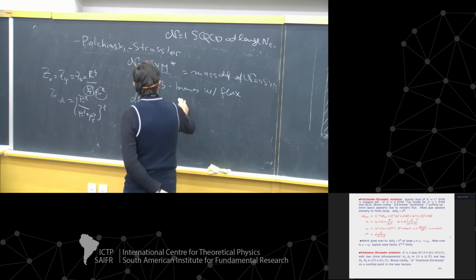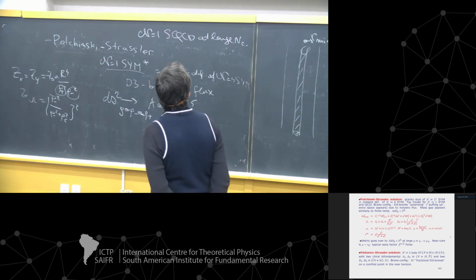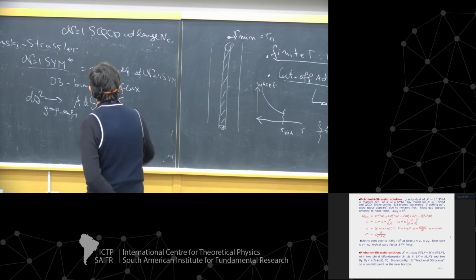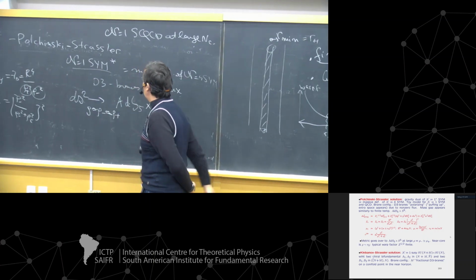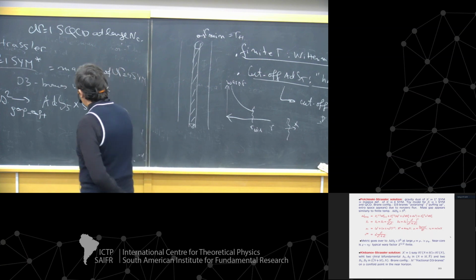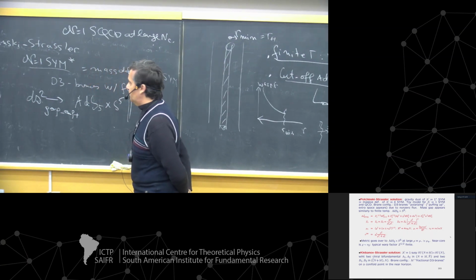And then the metric becomes AdS-5 cross S5, with corrections that appear when you go away from it. So that is of the type that we've described.